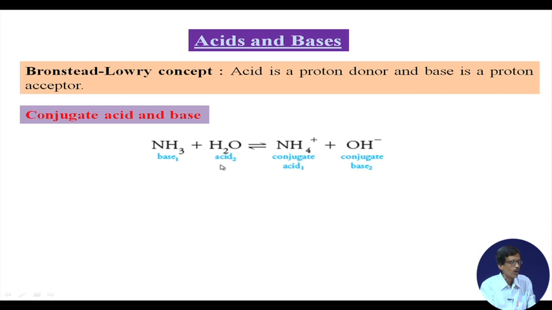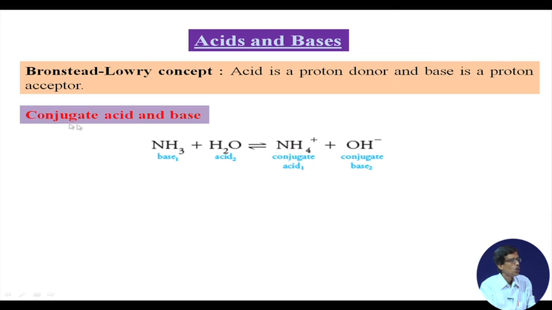Ammonia is a gas, as we all know, and the ammonia solution is what we call ammonium hydroxide, or aqueous ammonia. In presence of water, this water molecule can function as an acid. That means it is the proton donor, which can donate the proton to ammonia, forming ammonium ion and the hydroxide ion.